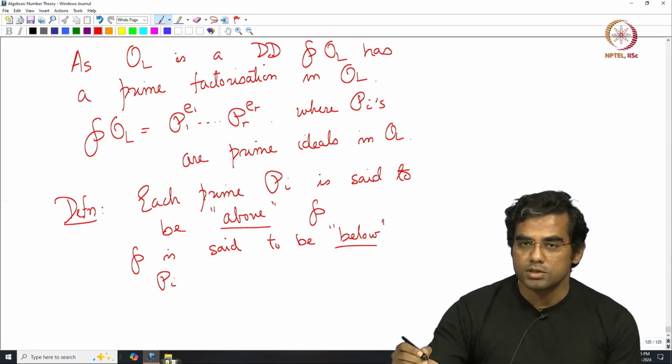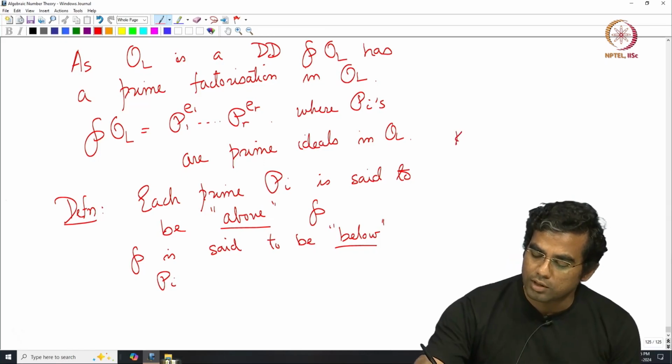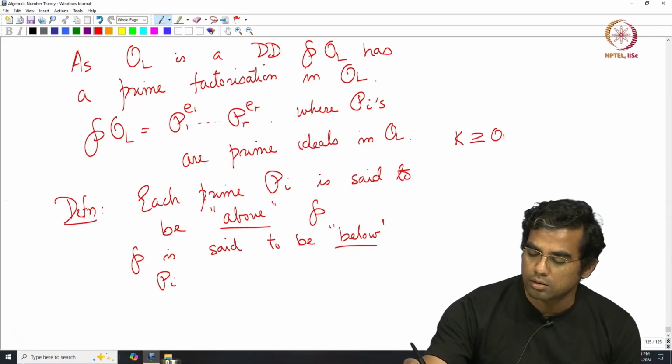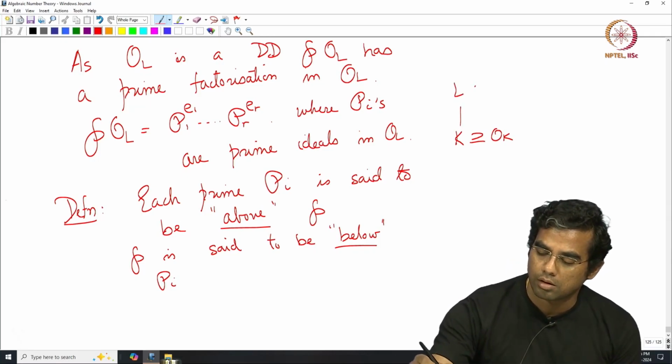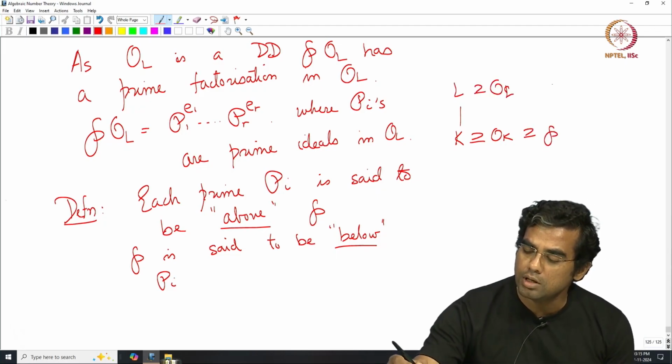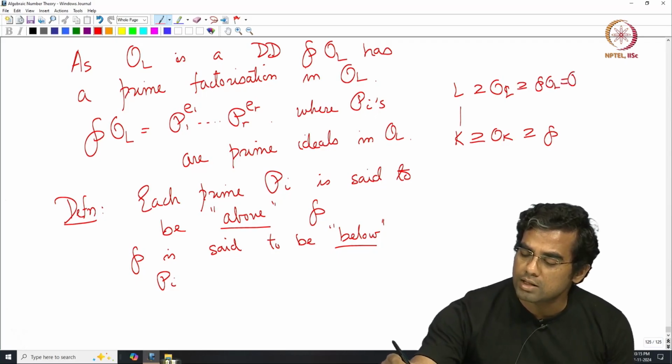So, this is because of the diagram. Let me recall the diagram here again. Inside I have P, here I take POL, but this thing is now the product of P1 to the E1, up to PR to the ER, right.